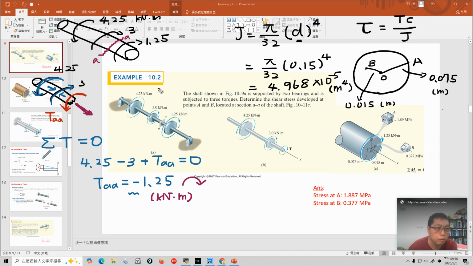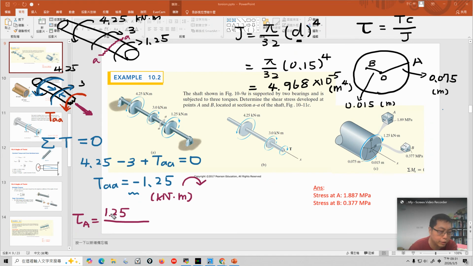Okay, so we want to calculate the shear stress. For example, the shear stress at A is equal to Tc over J. This problem just wants the magnitude of the stress, so the direction is not very important. So let's put 1.25 here, because this problem only wants the magnitude.